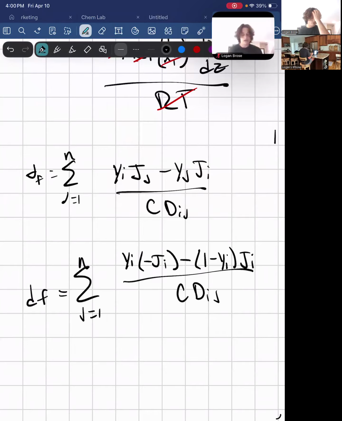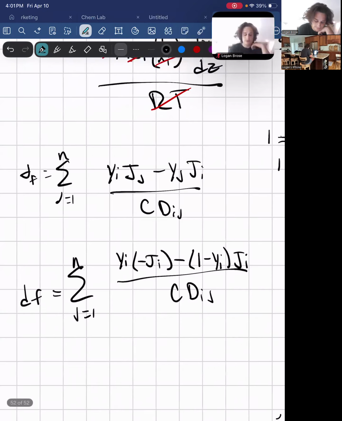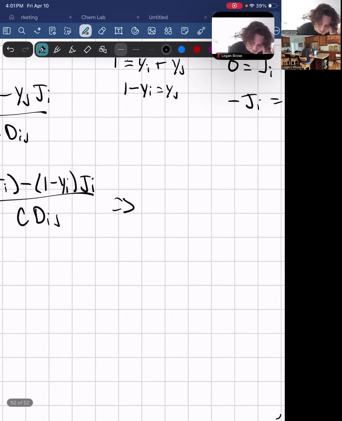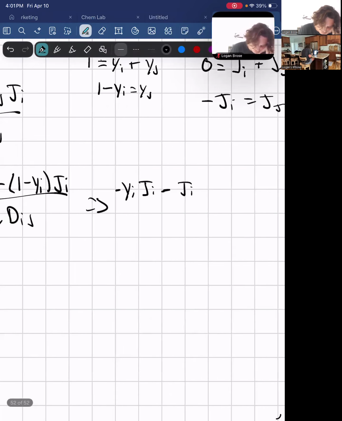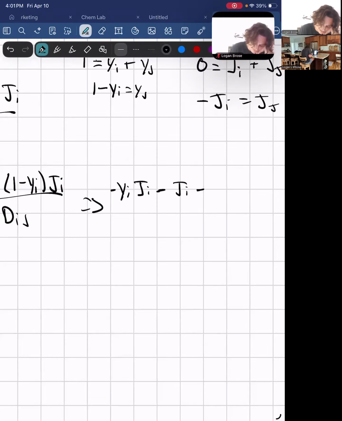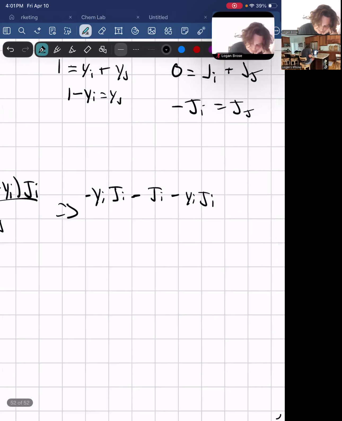And so when we do this, we can multiply out to negative yi ji minus ji plus yi ji, all over cDij, right?